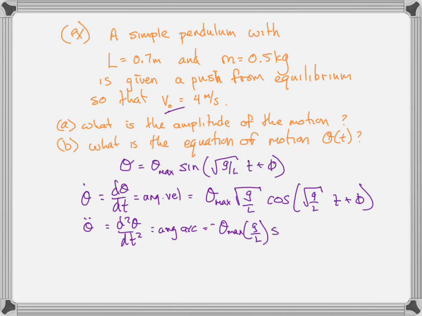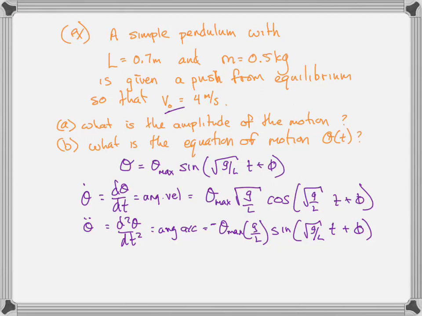I always forget that minus; when we take the derivative of cosine, we get minus the sine. Okay, so those are our equations of motion. I didn't write them down before because it's the same as for x. We just, instead of x, are using theta, and instead of omega equals square root of k over m, we're using omega equals square root of g over L.